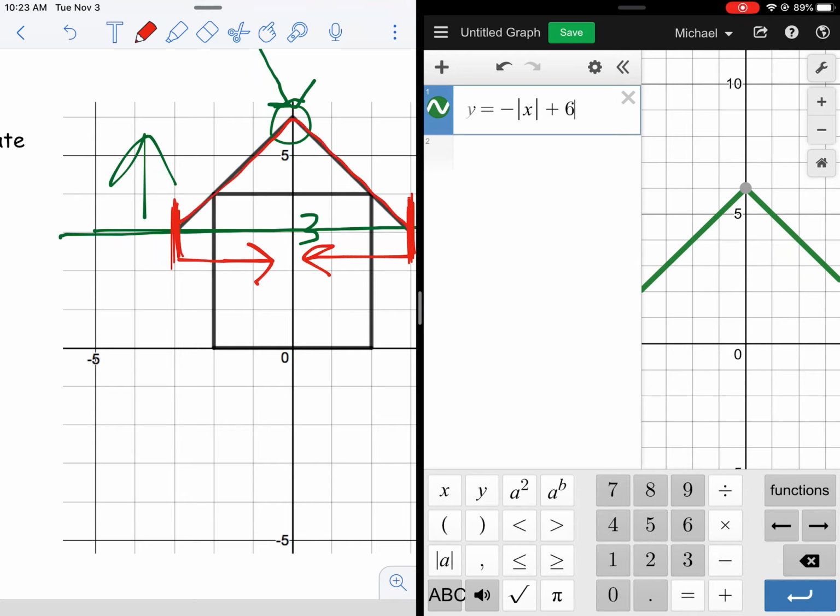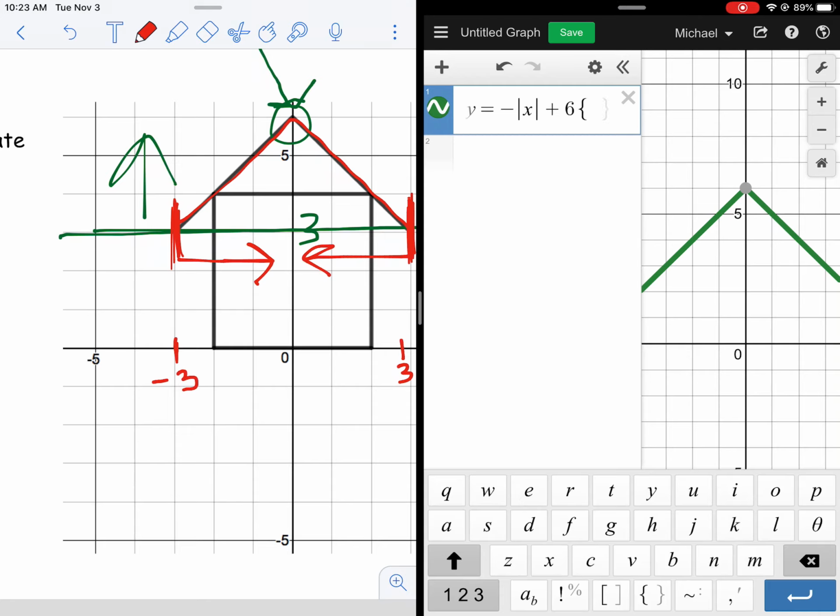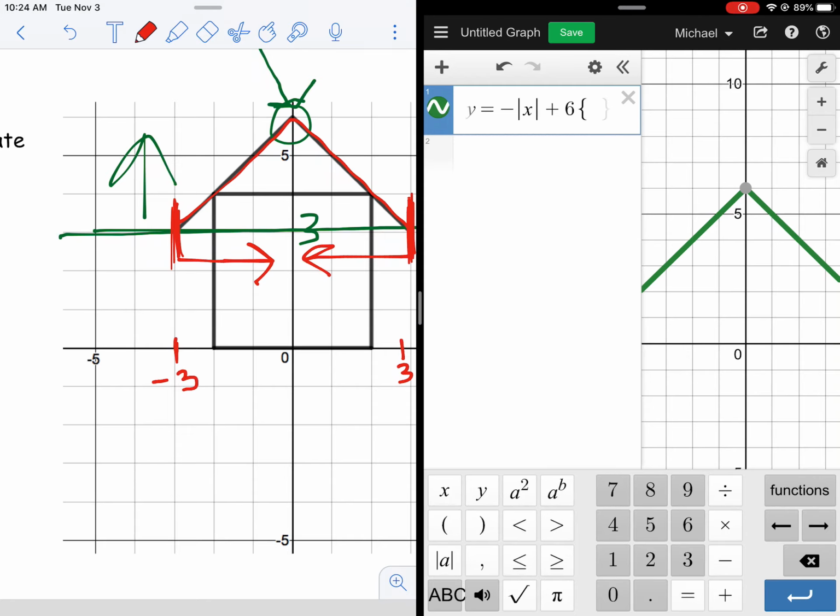I'm keeping everything that's in between -3 and 3. So to close off for the x, I do my bracket, but now I start with -3 is less than x is less than 3.